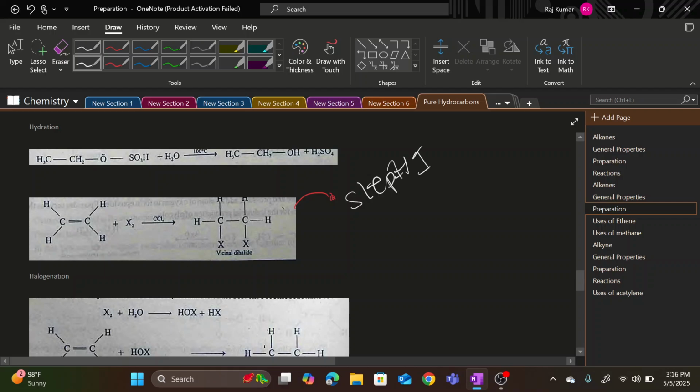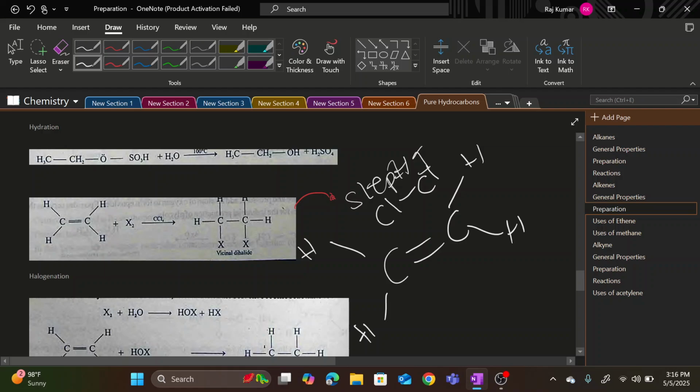In the first step, a halogen molecule comes. Now we know that halogen molecules are non-polar.